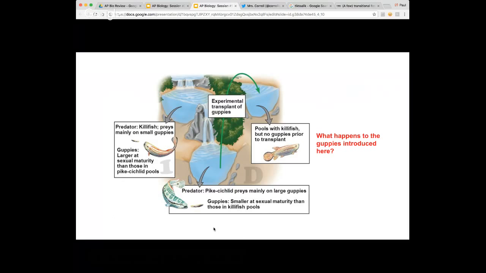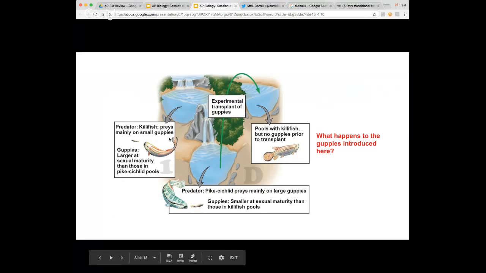So here's an example. And if you're watching at home, this is something to think about. One of the most famous examples of evolution that humans have witnessed is guppies. Guppies have a really short life cycle, and they make a lot of babies. So in the wild, guppies have two major predators that we talk about: the killifish and the pike cichlid. The killifish like small guppies.